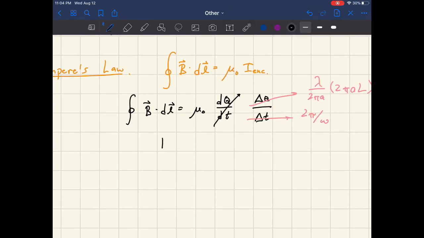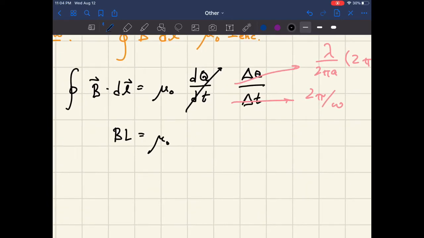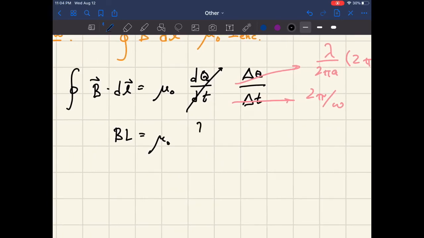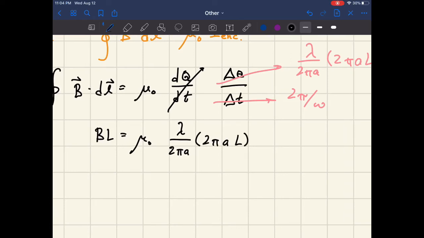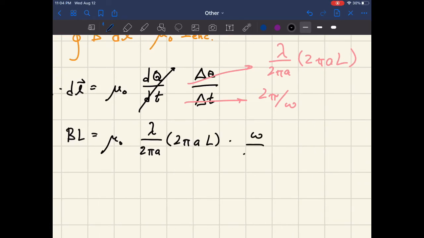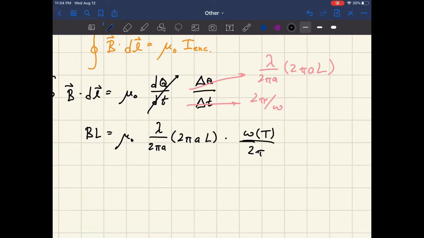So this is just B times L is equal to mu naught times lambda over 2 pi a times 2 pi a L times omega over 2 pi. And remember, this is omega of t, so keep that in mind. Oh, sorry. Don't worry, the other parts shouldn't take much time, and this video might go on for another 10 minutes or so.